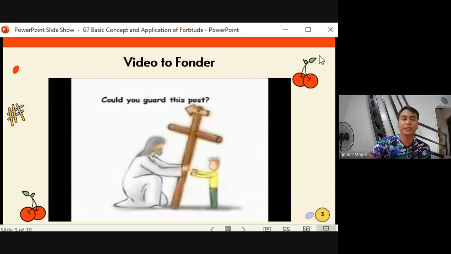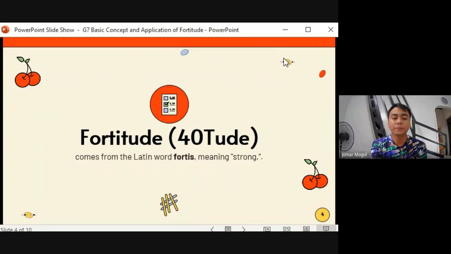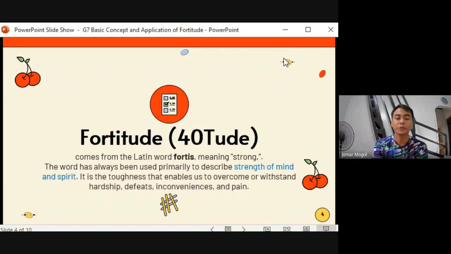Yes, fortitude is one of the four cardinal virtues, and let's define what fortitude is. It comes from the Latin word fortis, which means strong. Also, the word has always been used primarily to describe the strength of the mind and spirit.